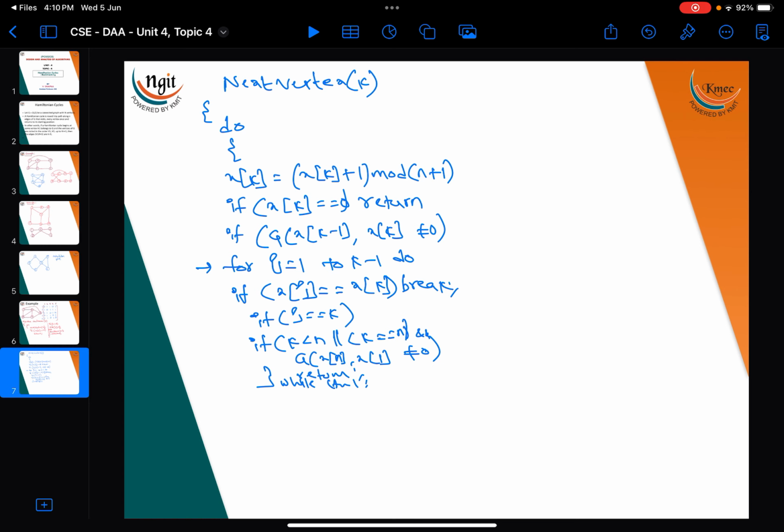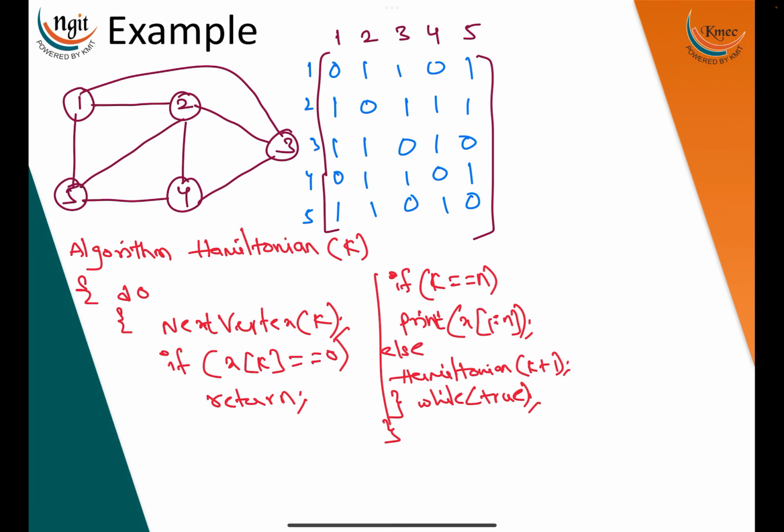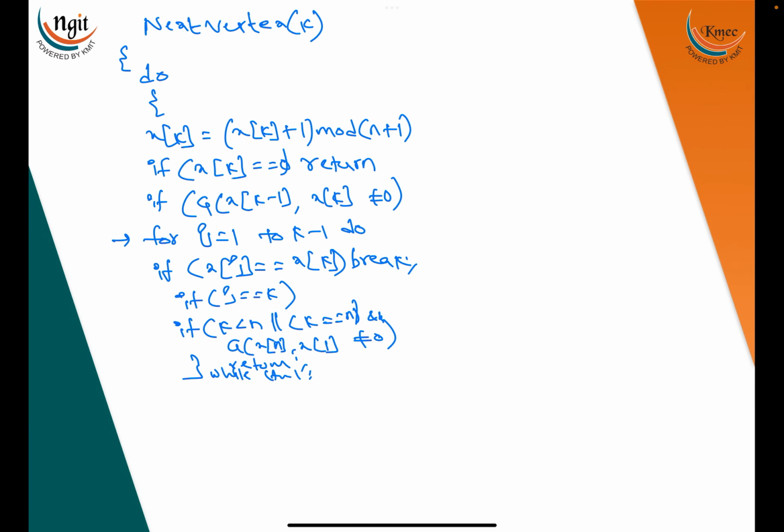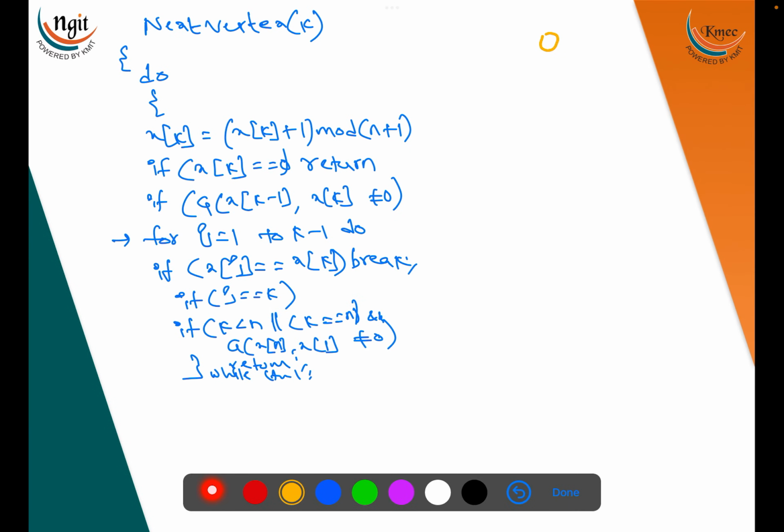Right? Now, how is backtracking useful over here? It's very simple to understand. We'll take a backtracking approach. According to backtracking, whatever vertices you have, you make each one a node. That is 1, 2, 3.